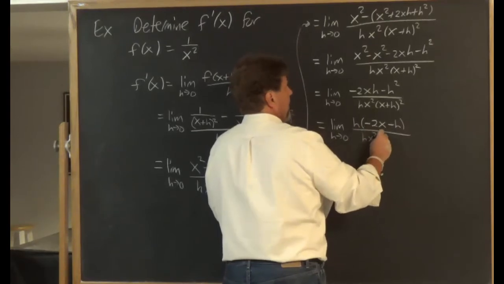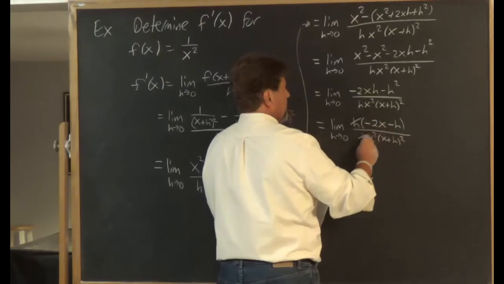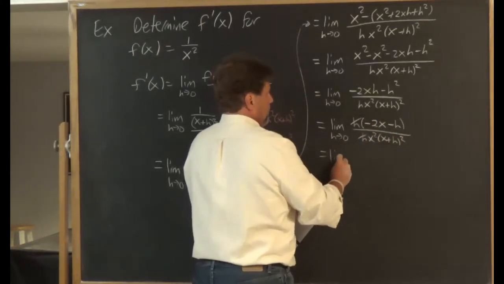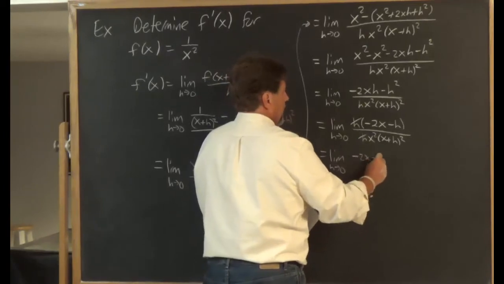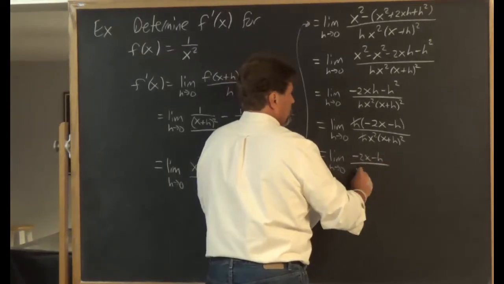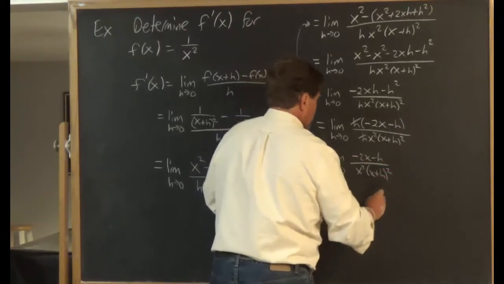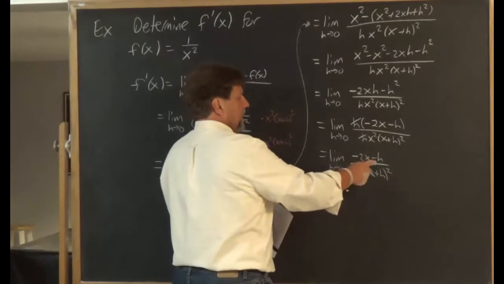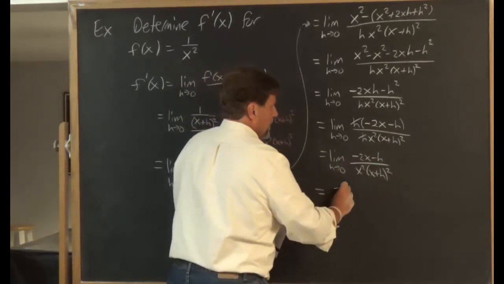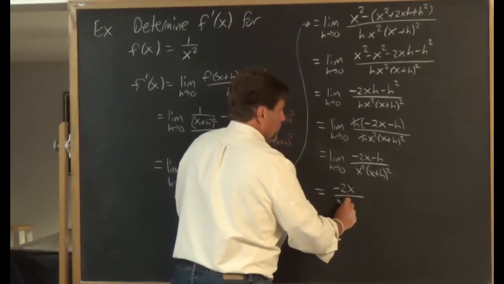And then once I factor out the h, you know the drill, I can cancel out the h. So I'm left with the limit as h approaches 0 of -2x minus h over x squared times x plus h quantity squared. Now I can substitute 0 for the h's, and I get -2x over x squared.